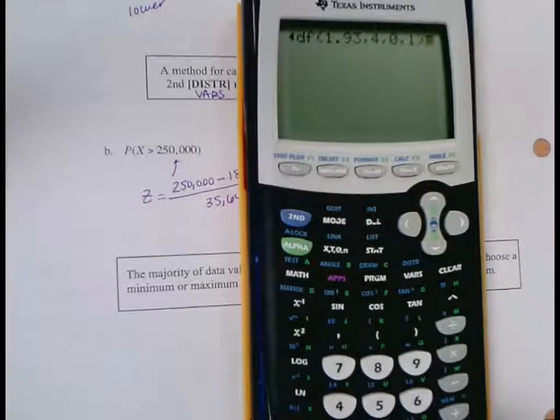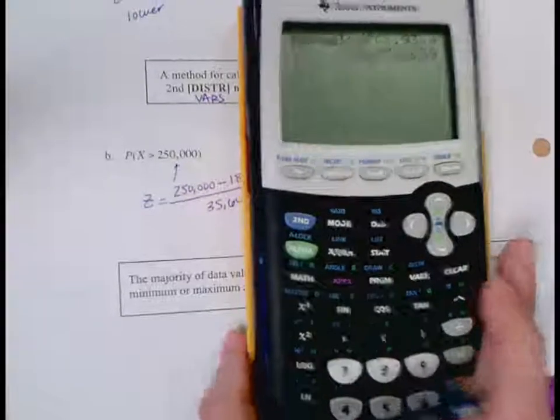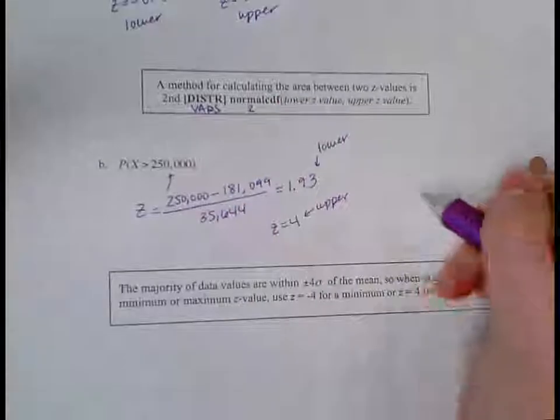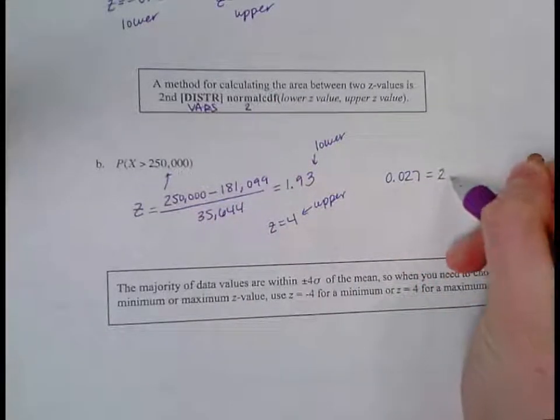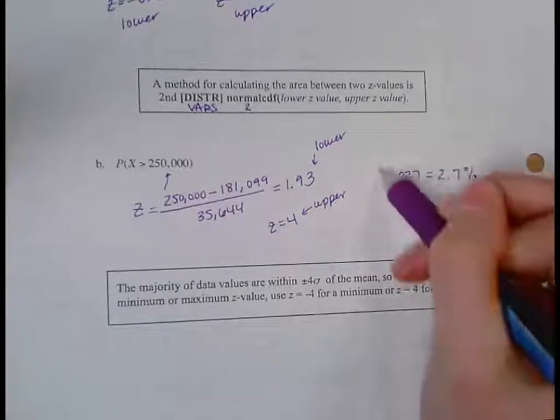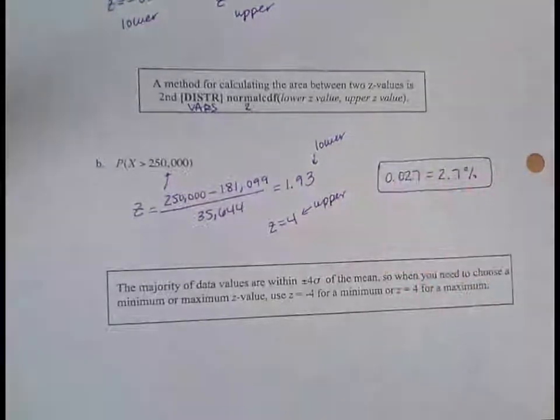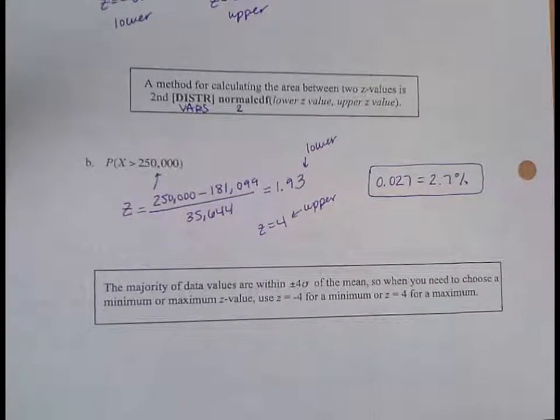On this calculator you have to hit enter again. You should get 0.026 or 0.027 if you round to 3 decimal places. Okay, so this probability would be 0.027, which is 2.7%. So there's a 2.7% chance the number of videos uploaded daily would be higher than 250,000.